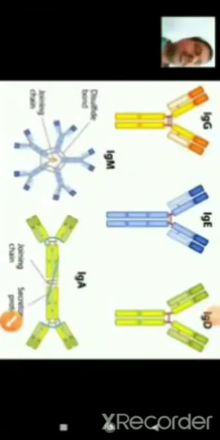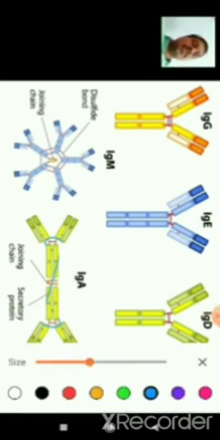Dear students, in this video we will learn about the types of antibodies. After the structure of the antibody, or immunoglobulin, the types of antibodies are also important, which we simply call gamma.